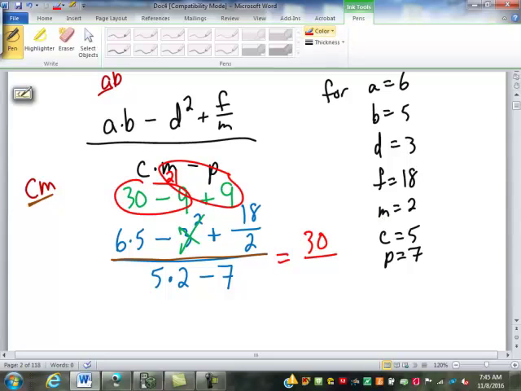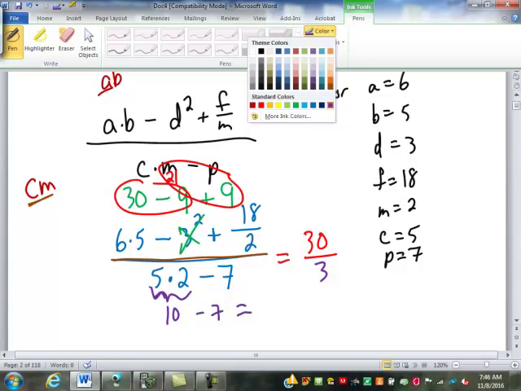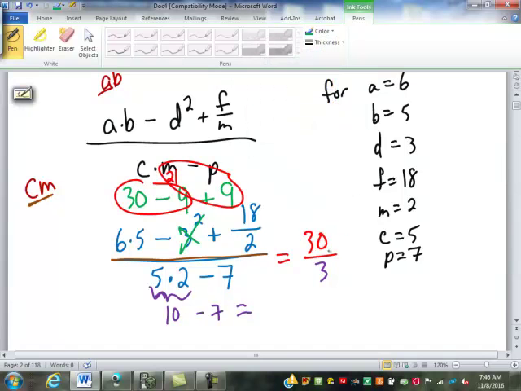What do I have to do first on bottom? Multiply 5 times 2, which is 10. 10 minus 7. It's 3. So now I can divide. 30 divided by 3 is 10. So it all works out to a 10.